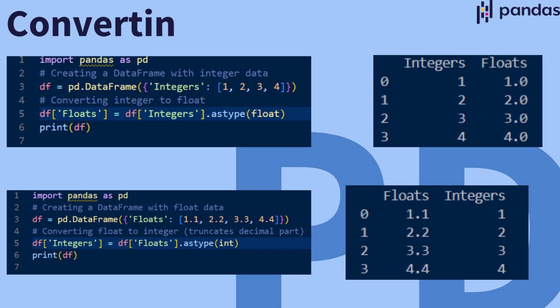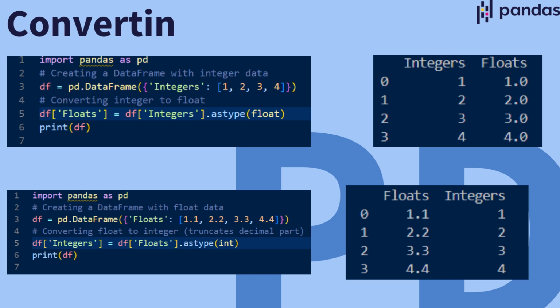If you want to convert into a string, string values have quotes around them, so you can convert integers into strings too. You just have to use astype with str in round brackets, and it will convert the values into strings. Okay, so this is converting data types.